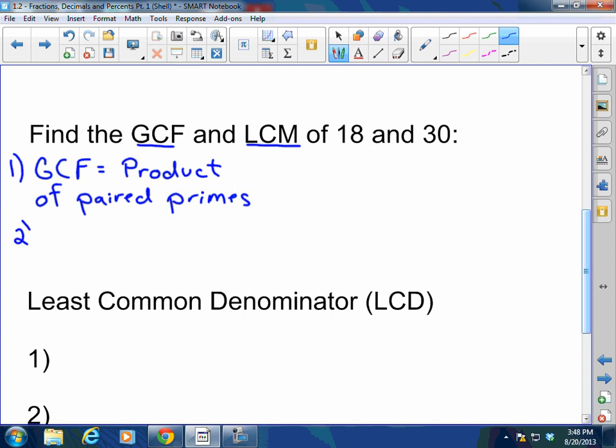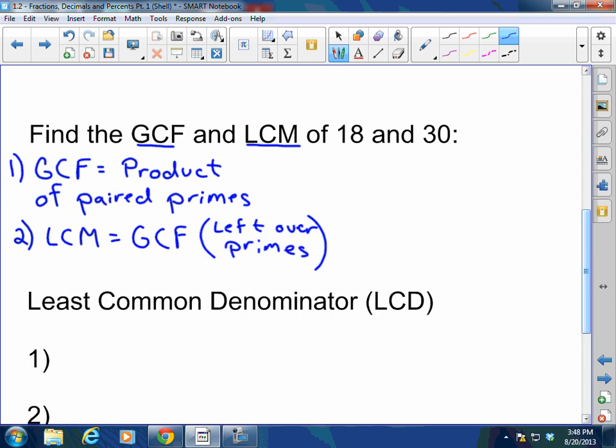And the LCM is the GCF times, so multiplied by, the (leftover primes). So the GCF is the product of paired primes, and the LCM equals the GCF multiplied by the leftover primes. Let me explain what that means.